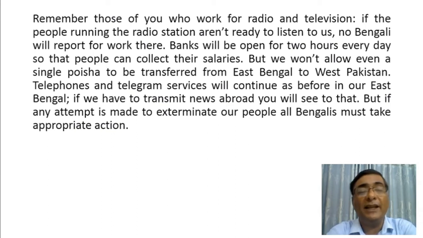But if any attempt is made to exterminate our people, to destroy our people, to kill our people, then all Bengalis must take appropriate action. Bangabandhu said that if any such action or decision is taken to destroy the people of Bangladesh, then be careful and act according to your knowledge and your wisdom.